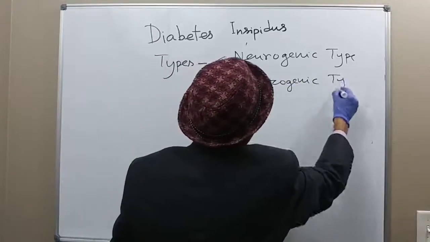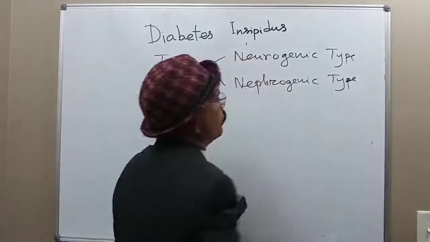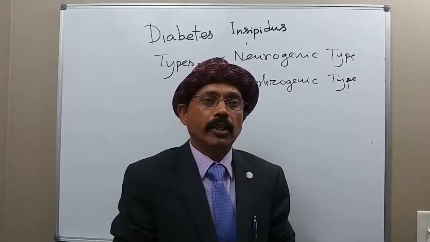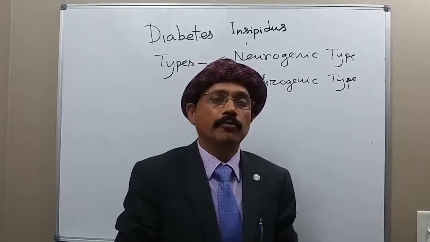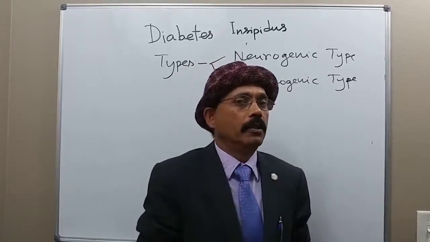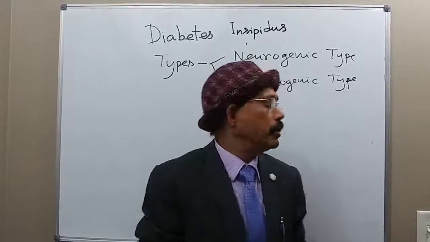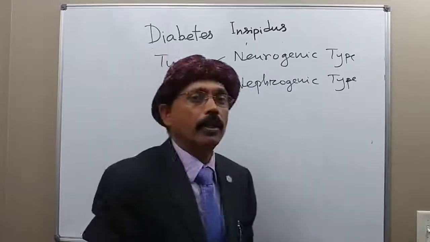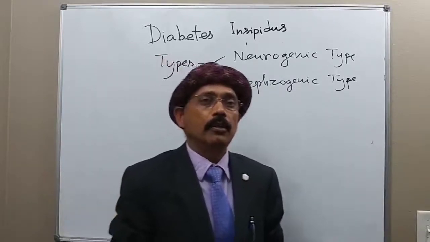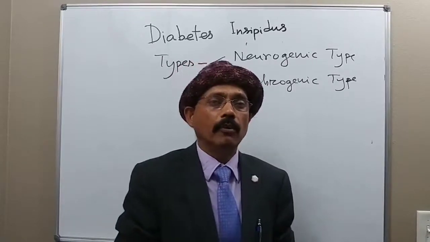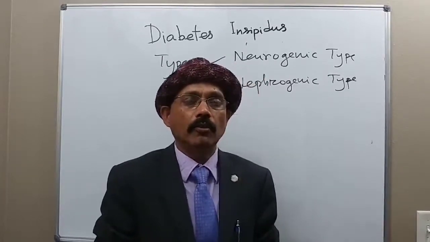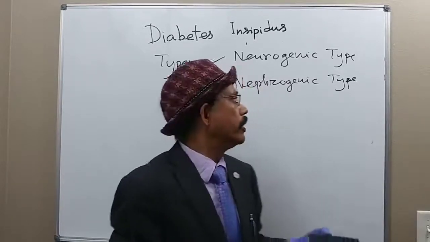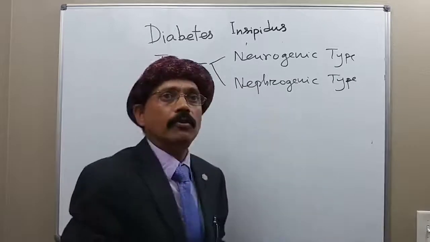The neurogenic type is due to damage to the hypothalamus or the posterior pituitary. If we have a problem in our kidney, especially the renal medulla, we have non-responsiveness to ADH in the distal convoluted tubule and the collecting tubule, then we will get nephrogenic diabetes insipidus.